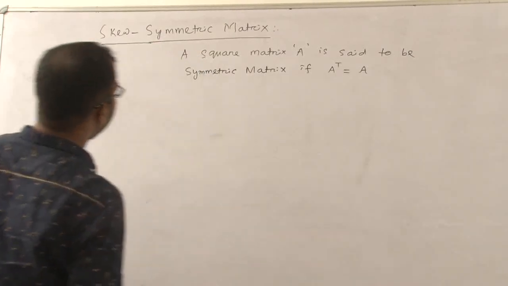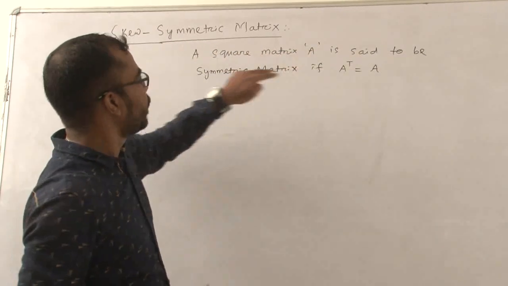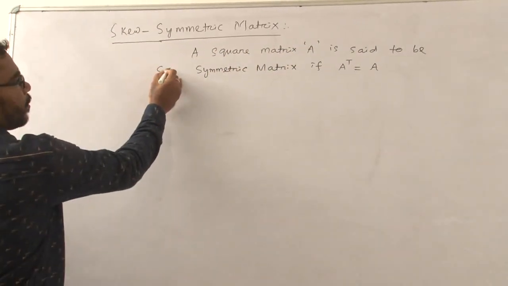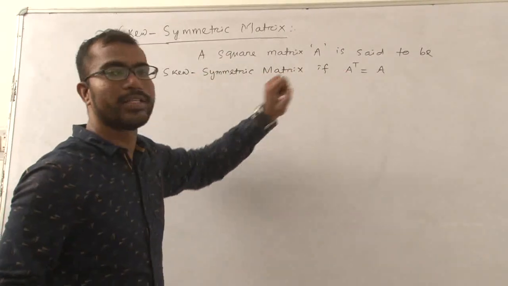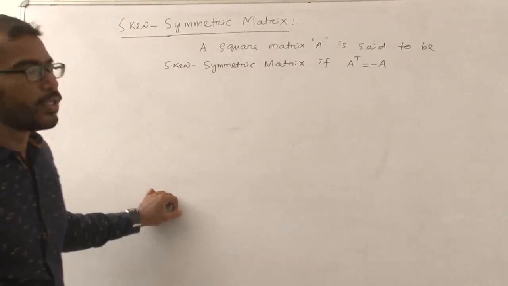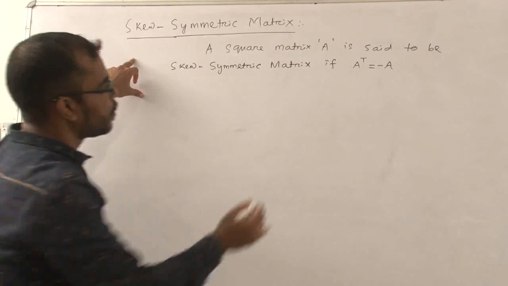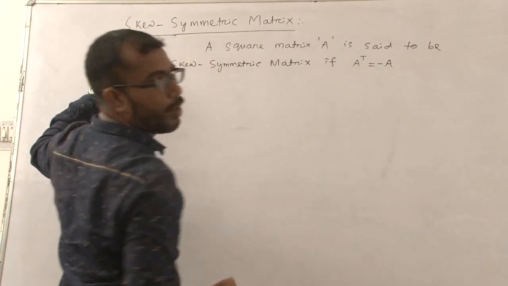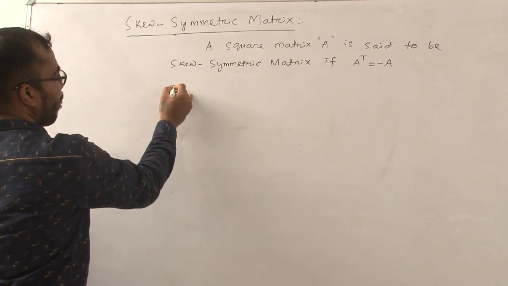Similarly, the definition of skew symmetric matrix: a square matrix A is said to be a skew symmetric matrix if transpose of A is equal to the negative of the given matrix. Skew symmetric matrix means transpose of A is equal to negative of A. Here we take some examples.